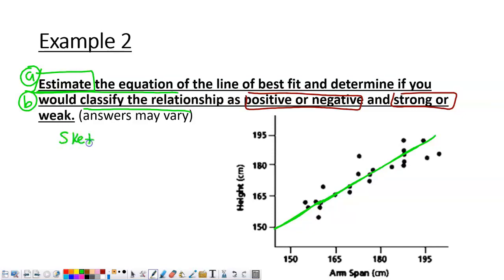The first thing you want to do to find your line of best fit is sketch it first. After you do that, you're going to pick 2 points on that line.